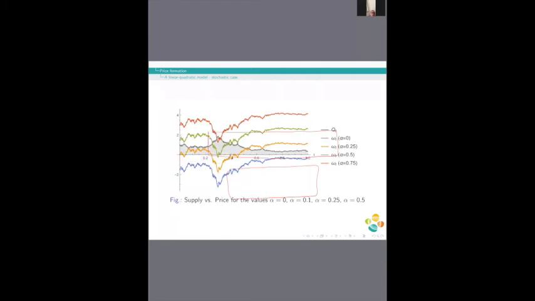And this is precisely what we are getting: when alpha is 0, so when agents don't want to end up with any stock, then the prices are lower. As you increase the target, the prices go up. The prices are these colored things, and the supply is in gray in the graph. So you see that, as you expect, as more and more people want to get more, you get higher prices.